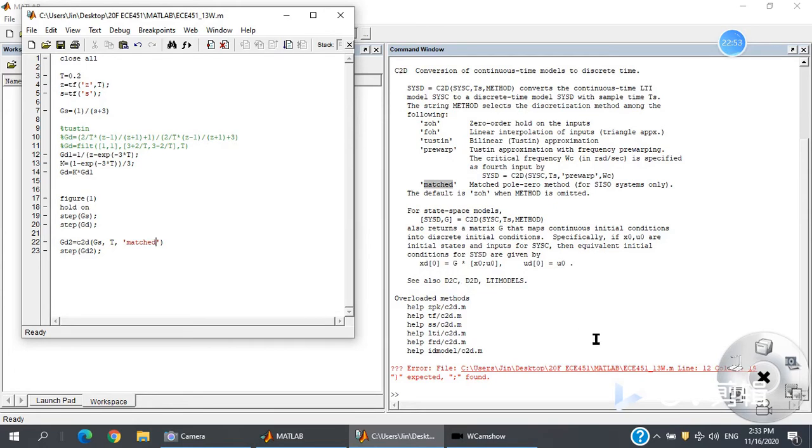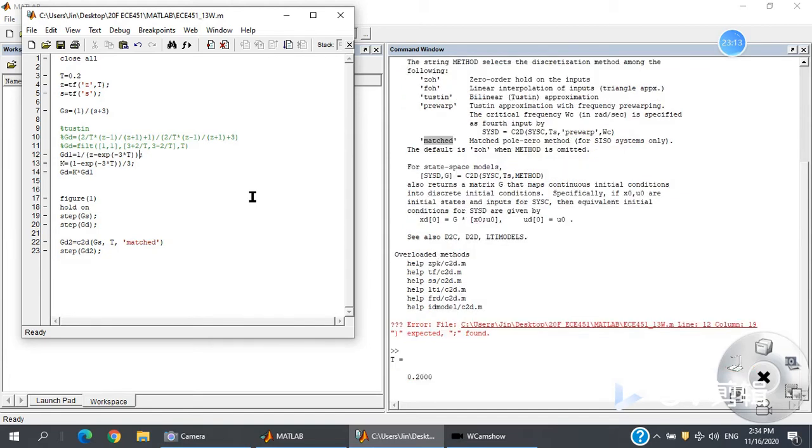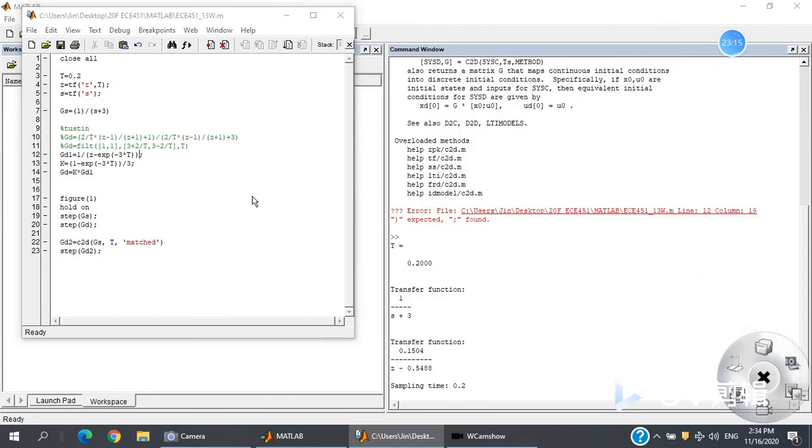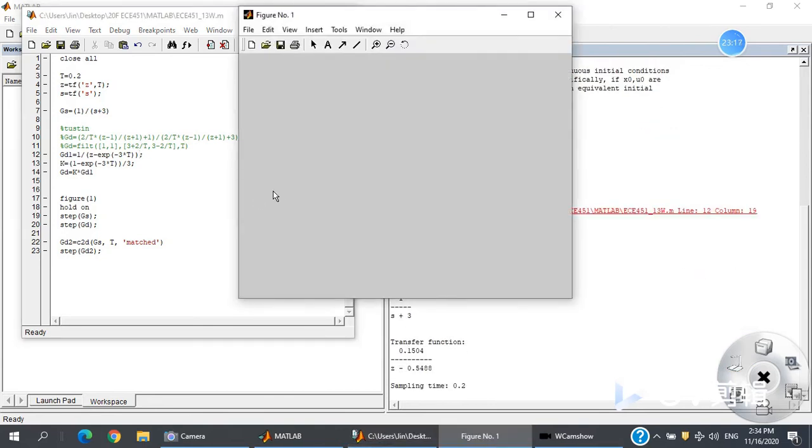Which one? In line 12. Oh, I need more. This one. Okay. Is it good? Then F5. Oh, now it works. It will run for a while.